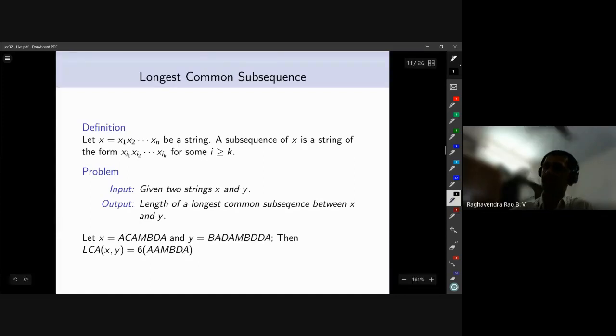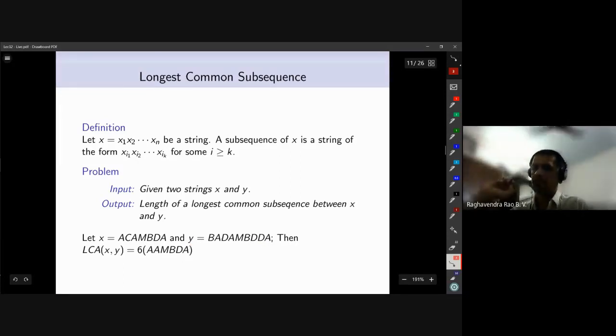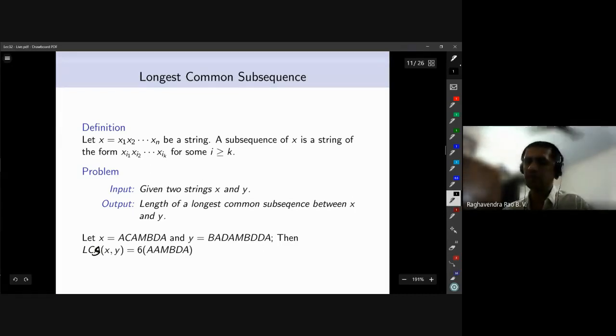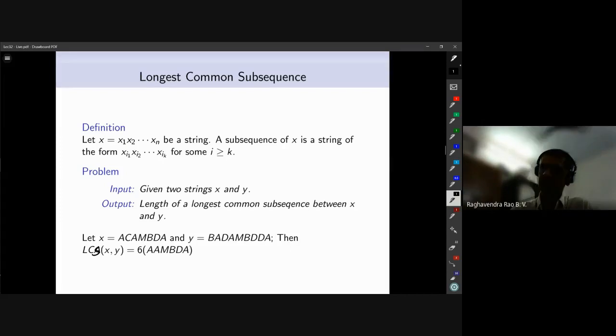Let's say x is the string ACAMBDA and y is BADAMBDDA. Then the length of the longest common subsequence, I wrote LCA, it should be LCS, is 6, which is when you take the sequence AAMBDA.